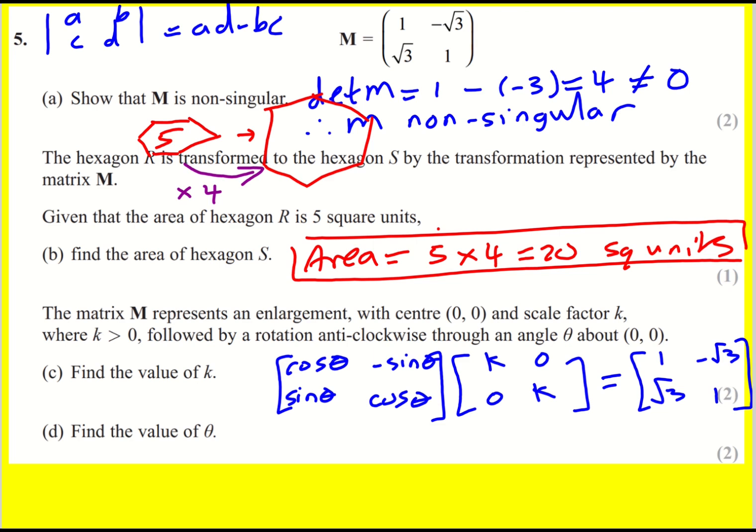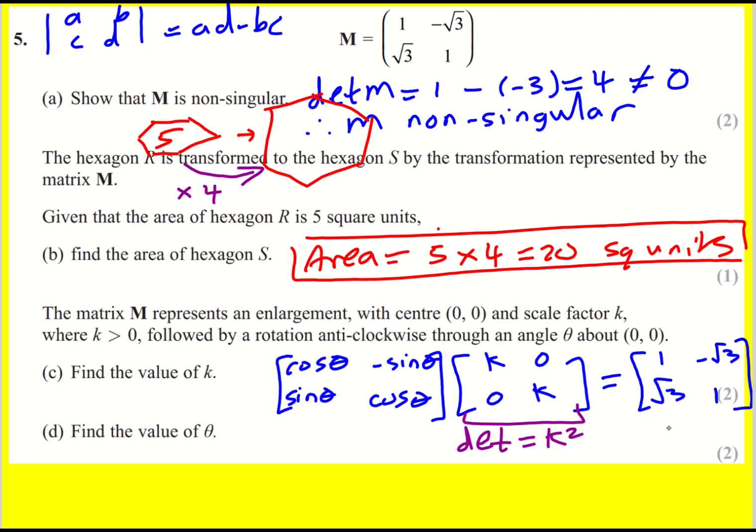Now, here's how we can do it super quick. We're doing a rotation. That will not affect the size of the hexagon or any shape that we apply it to. So the determinant of this is 1. It's actually just cos squared plus sine squared. It's 1. And then the determinant of this one is equal to k squared.